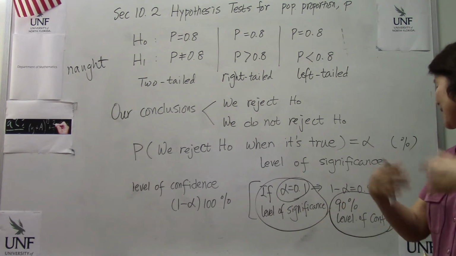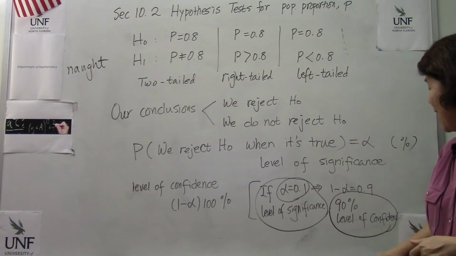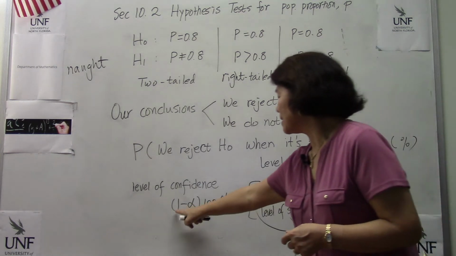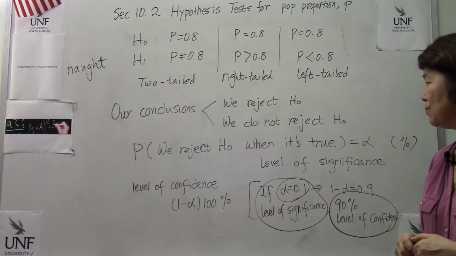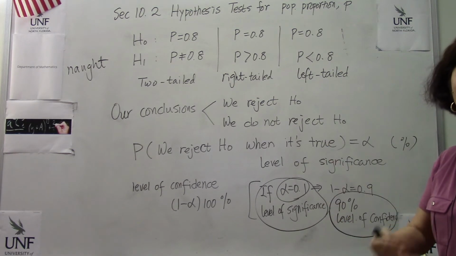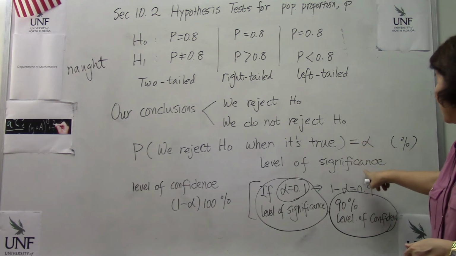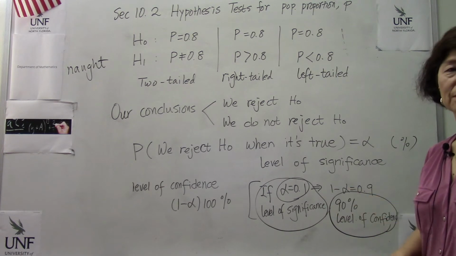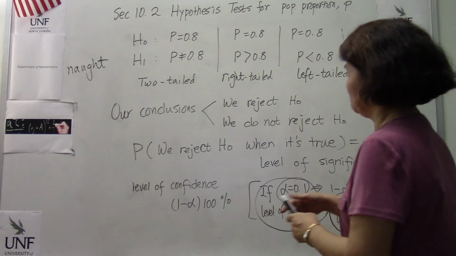Level of confidence is always 1 minus alpha times 100%, so it is going to be like 99%, 95%, 90%. But level of significance is going to be like 0.1, 0.05, 0.001, things like that.